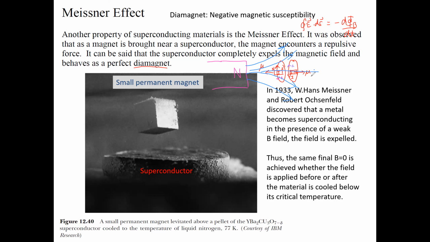So let's say something like that, okay? And now you're moving in here. So if you moving the magnet in, right, the flux will be what? Higher and higher in the loop, right? In this loop, okay?